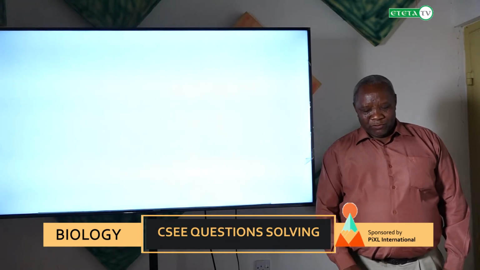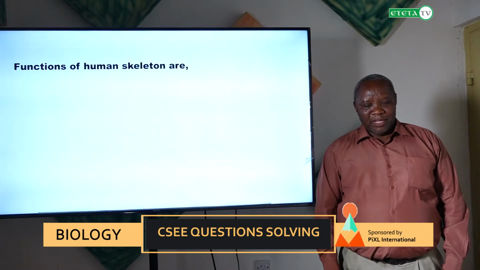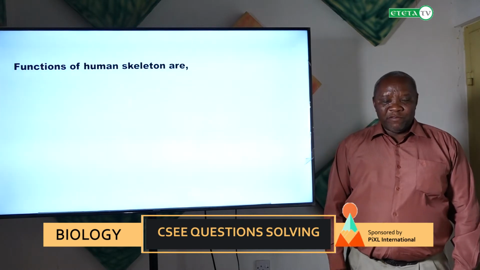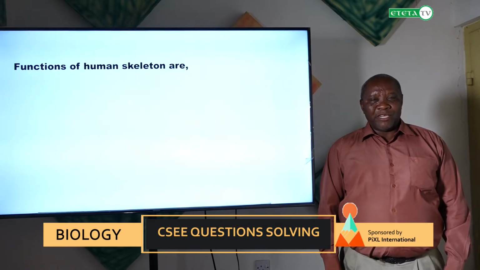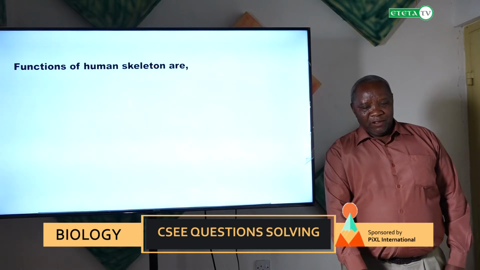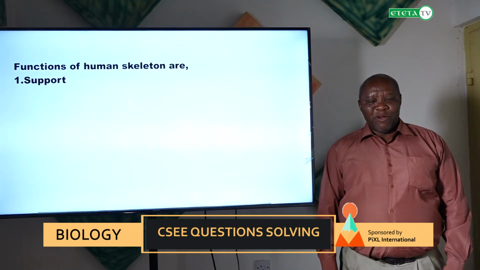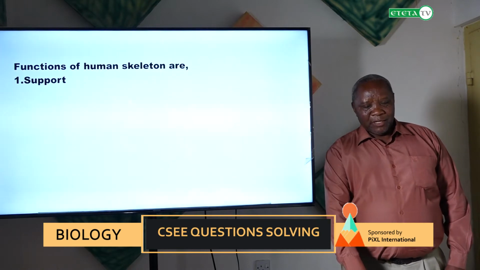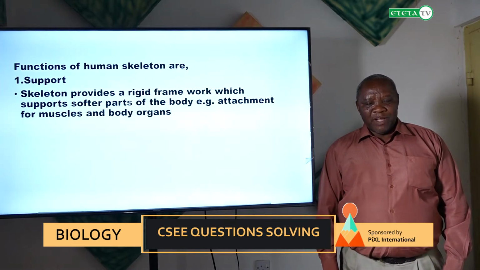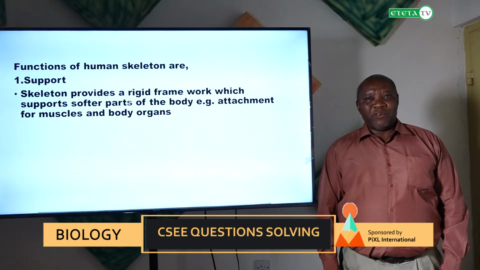Now let us go to the key point. The key point of the question is the function of the human skeleton. The functions of the human skeleton are as follows. One, support. The skeleton provides a rigid framework which supports the softer parts of the body, for example, attachment of the muscles and the body organs.